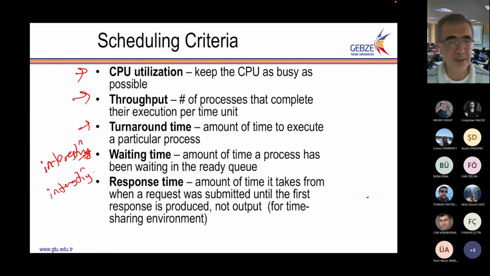Response time means giving some output to the user. So it is similar to waiting time. Some output is given to the user so that the user thinks that the program is running fast. That trick is done by several applications. Certain outputs are given to users, so the user is expected to fill that output or click on it.